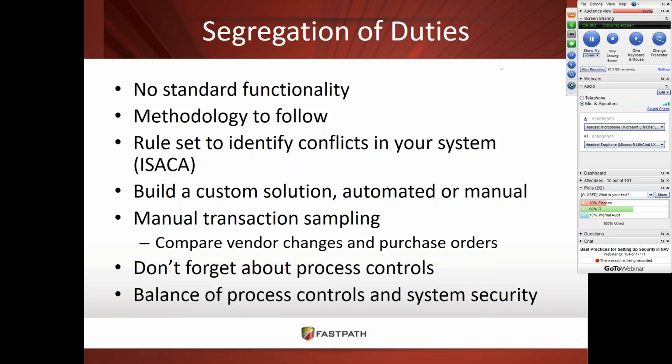Because I'm sure they've said, the main one that most auditors are always worried about is, if you can create a vendor and a PO and cut a check, that's a huge risk, and that's something that you need to mitigate.